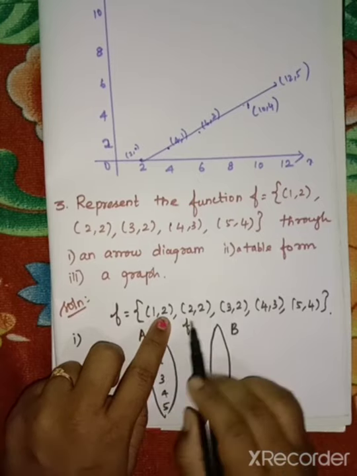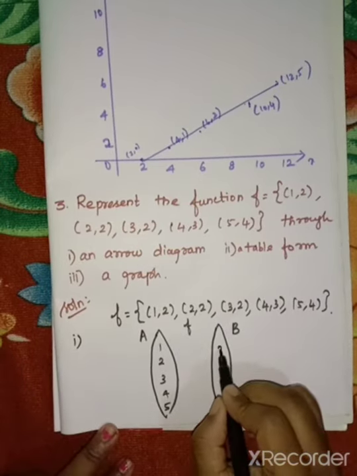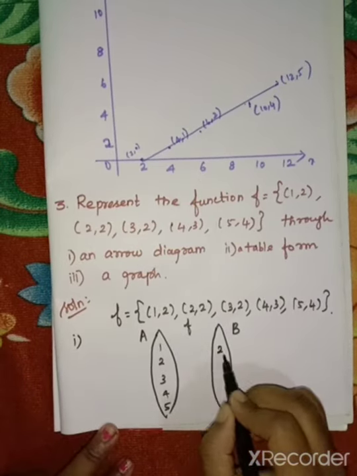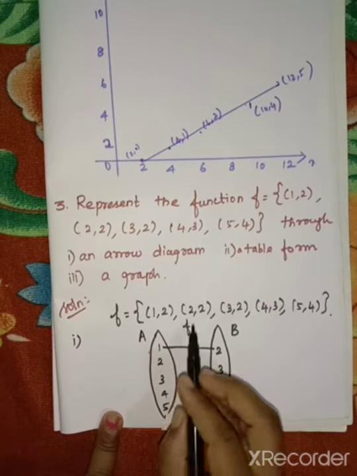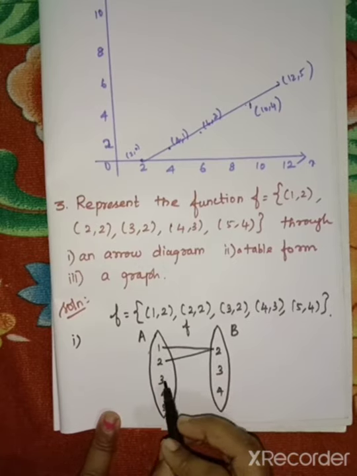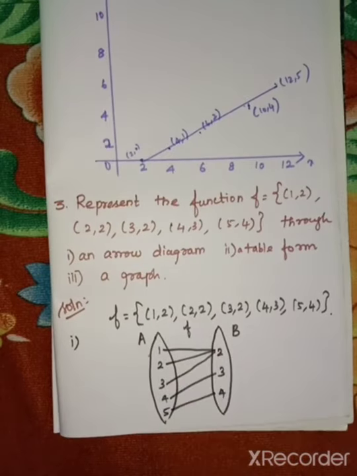See the second elements: 2, 2, 2, 3, 4. So 2 is repeated, so 2, 3, 4 is there. Now draw the arrow diagram. For 1, 2 is there. So 2 to 2, 3 to 2, then 4 to 3, 5 to 4. So this is the arrow diagram.